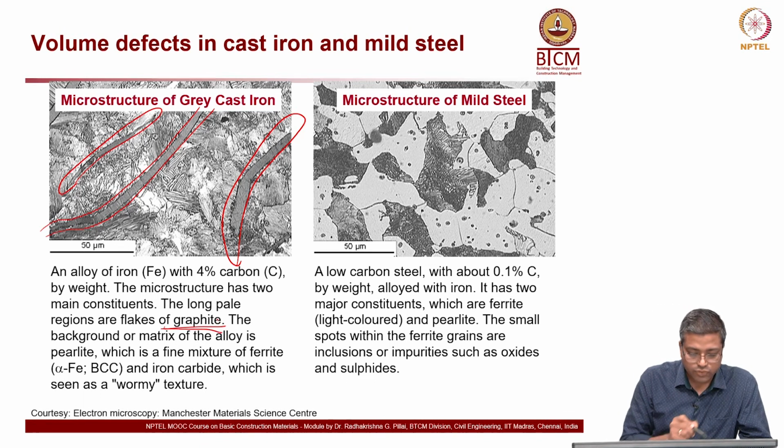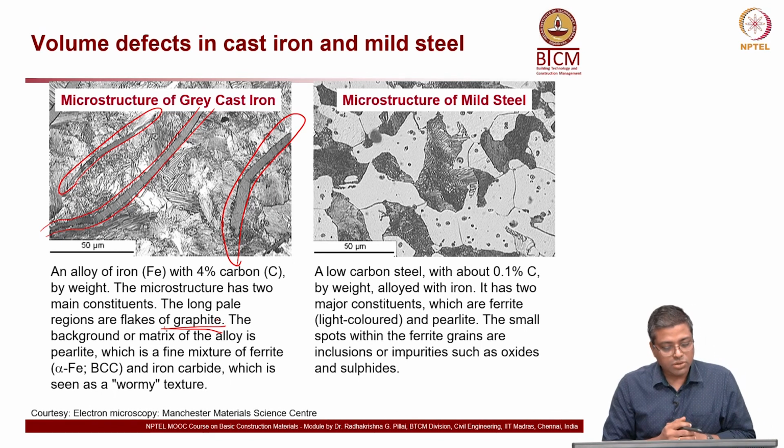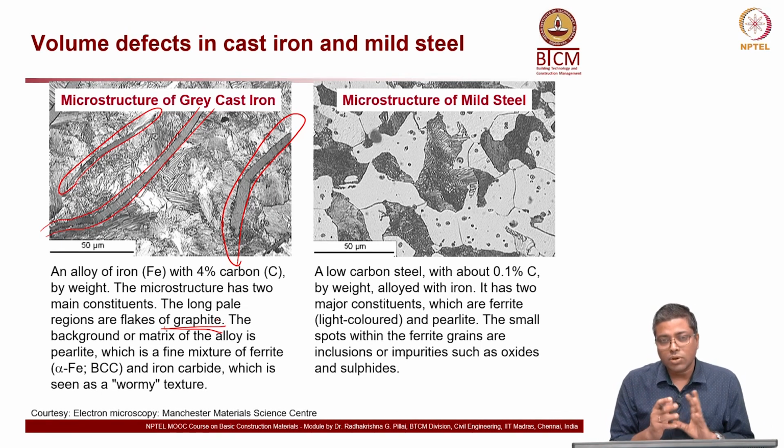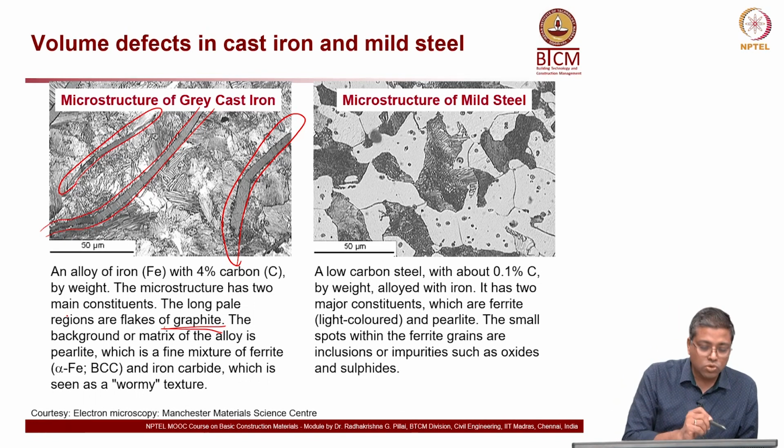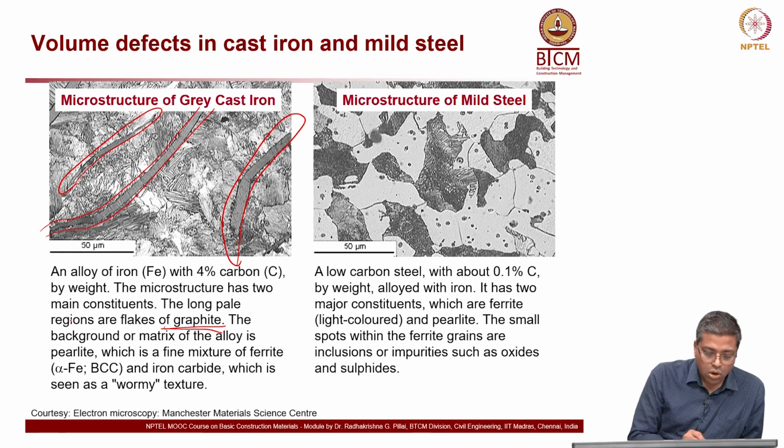This is an image of an alloy of iron and 4% carbon. Cast iron has a lot of carbon present, 3 to 4% easily, by weight. The microstructure has two main constituents. The long pale regions are flakes of graphite or carbon.